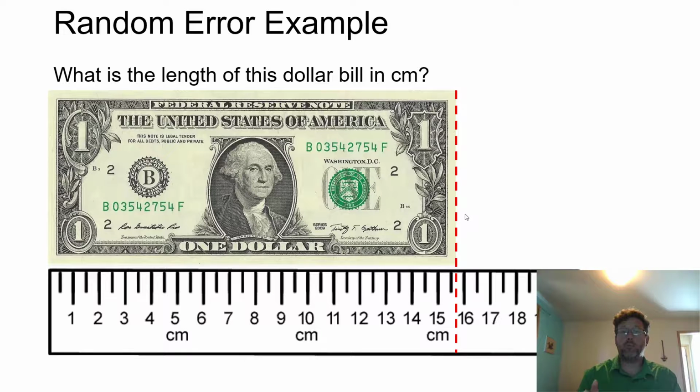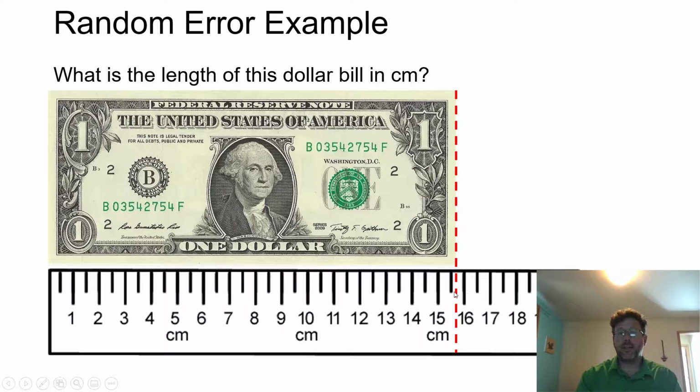Now you probably came up with a good answer for the length of that dollar bill, but it might surprise you to learn that if everyone in class made that same determination as to the length of the dollar bill, we would get subtly different numbers from everybody. In a class of around 18 students like we are, we would probably get at least 5 or 6 slightly different measurements for the length of that dollar bill. And that's down to the fact that in the ruler that I've given you, the tick marks are at only half a centimeter.